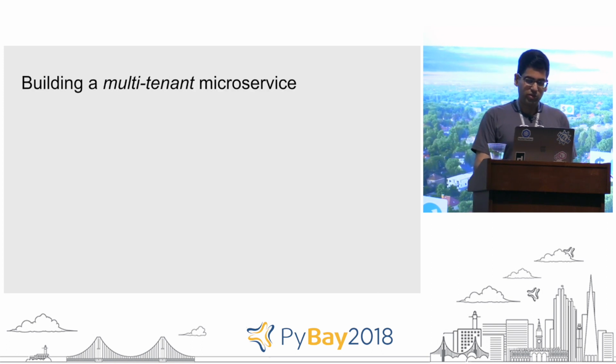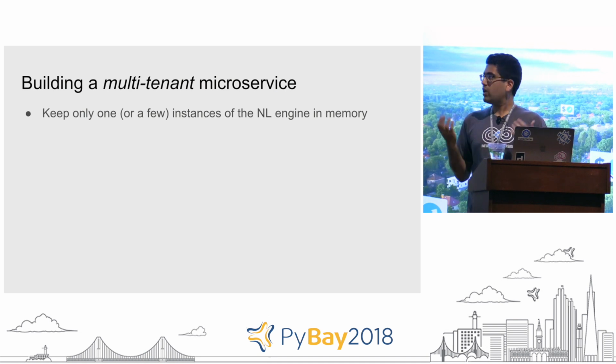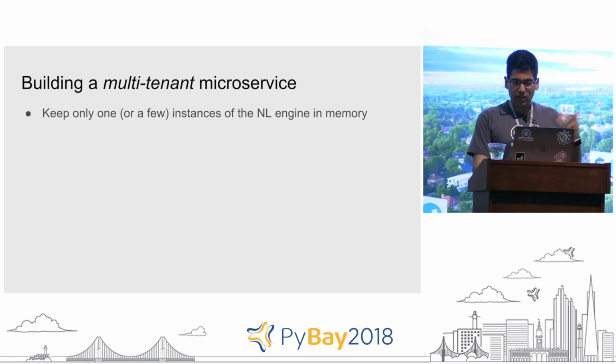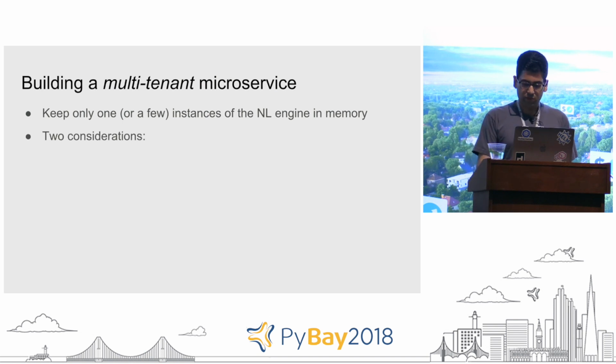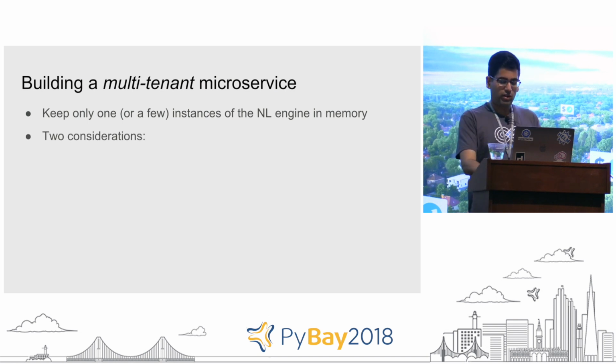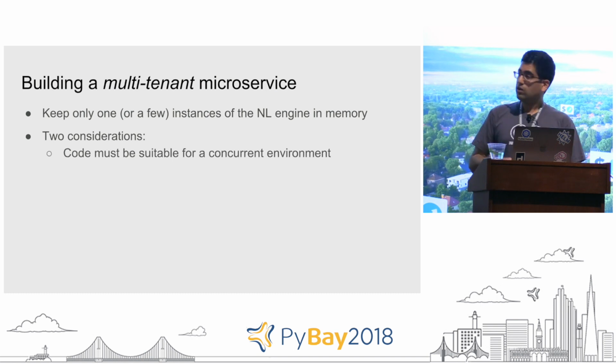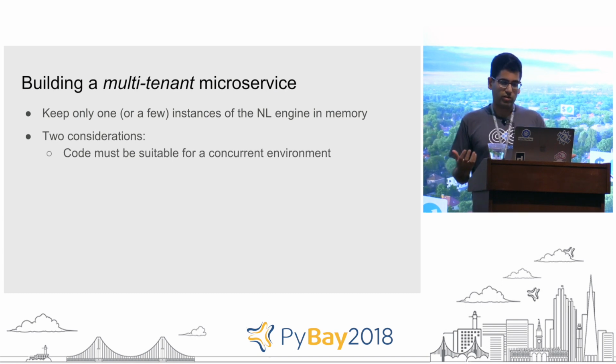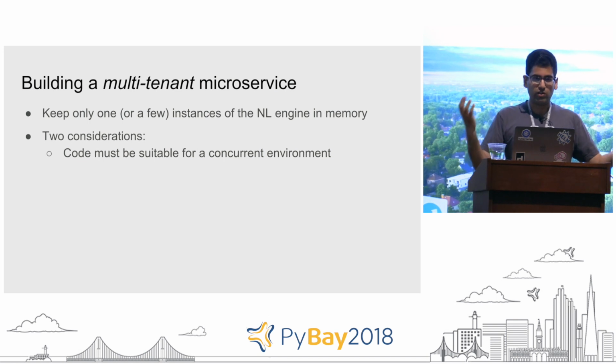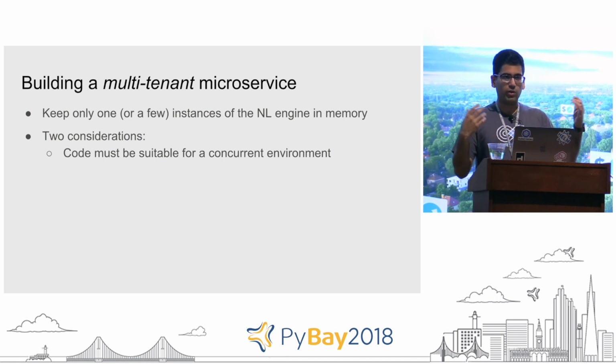Now, how do we make this multi-tenant? We only want to keep a handful of these engines in memory. In this case, one. In some cases, you may want more than one. A couple of considerations. Your code has to be suitable for a concurrent environment. That's number one. This is the concurrent world. You've got multiple requests coming in. Your code's got to be reentrant.